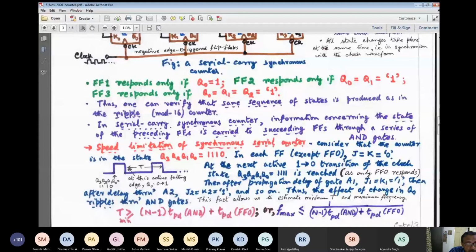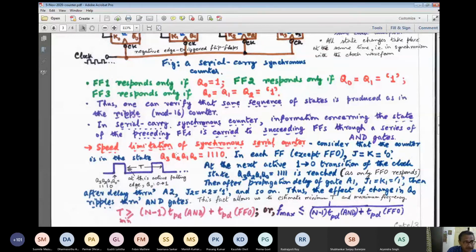But going from 0111 to 1000, from 7 to 8 decimal, all the flip-flops need to change. Also, going from all 1 to all 0, all the flip-flops must change. That situation gives the occasion for finding the maximum frequency, or the minimum time period required of the clock. I have explained it here.